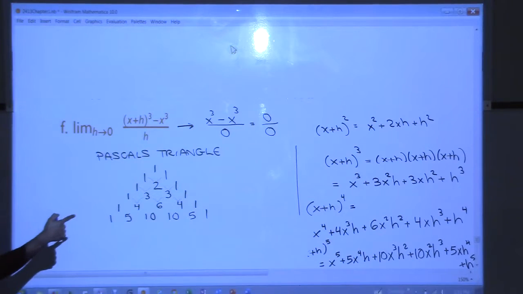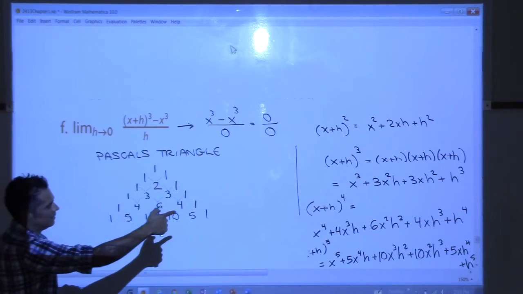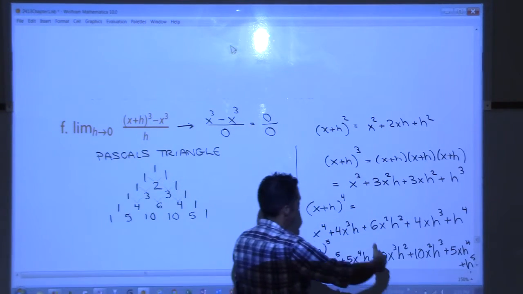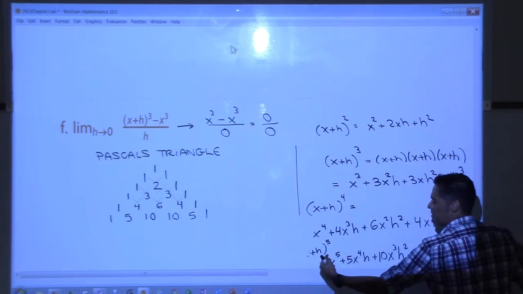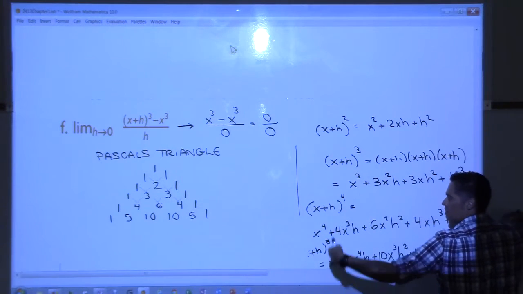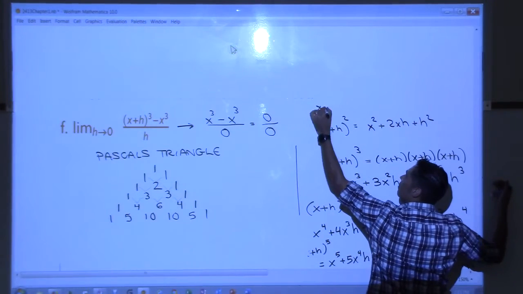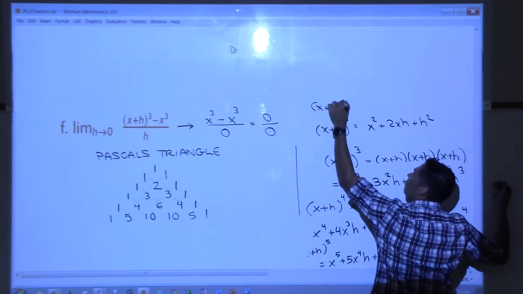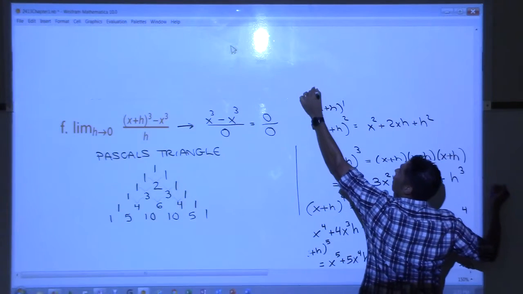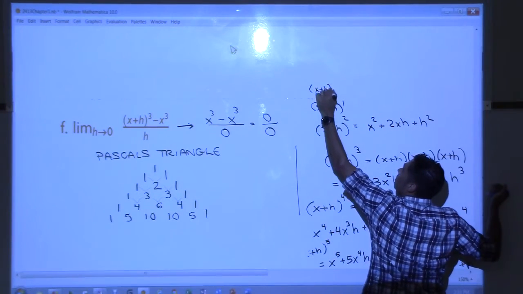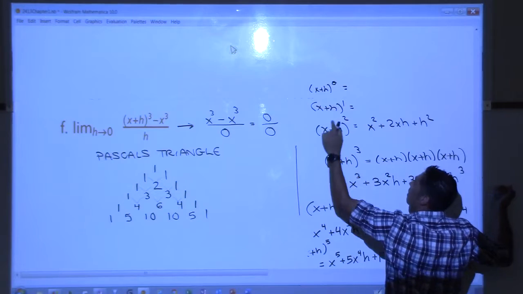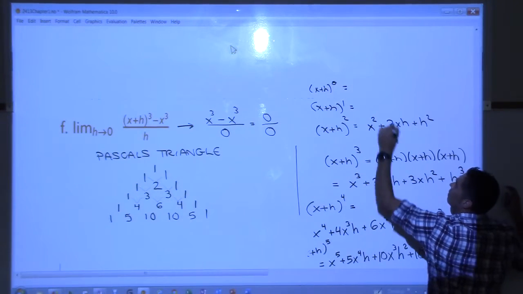So back over here, I need to add one more thing to this. I'm going to go up. This was x plus h to the fifth, to the fourth, to the third, squared. How about x plus h to the first power? And then above that, how about x plus h to the 0 power? What would x plus h to the first power be? x plus h.